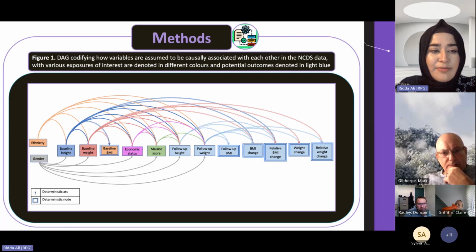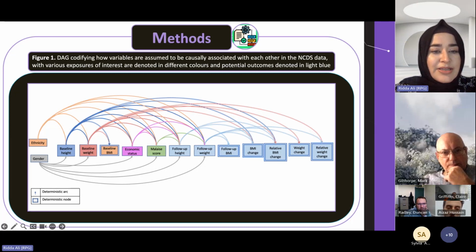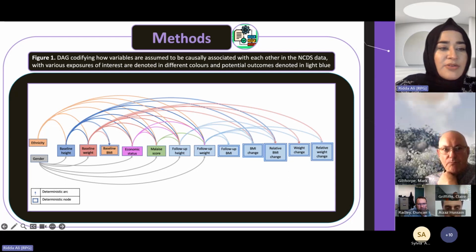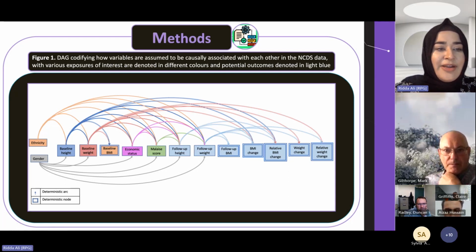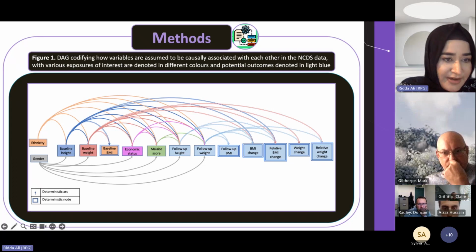The composite variables are fully determined. For example, BMI is fully determined by height and weight, and that's why it's in the double boxes. And this again links to Mark's talk, where he illustrated how we should denote this. It's also worth noting that no other variables have arcs into the fully determined variables other than the variables that actually help to create that variable.